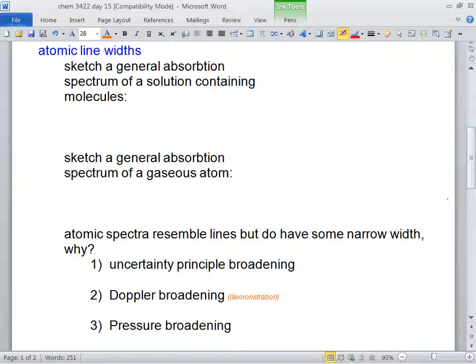Sketch a general absorption spectrum of a solution containing molecules. So I'll have my x and y axes. Andy, what's the name of the axes, the x and y axes, for a general absorption spectrum? Absorption and the x-axis? Wavelength. No. Right?